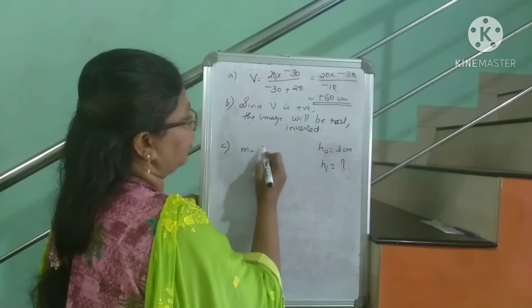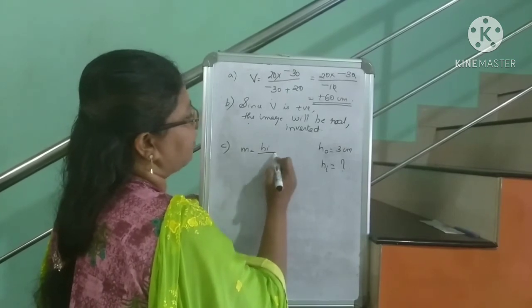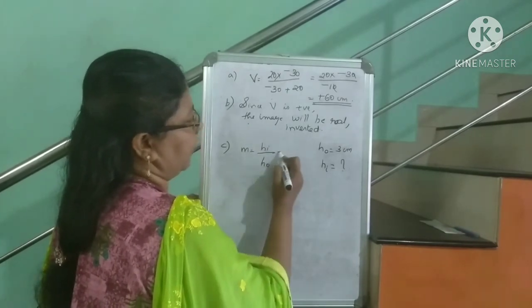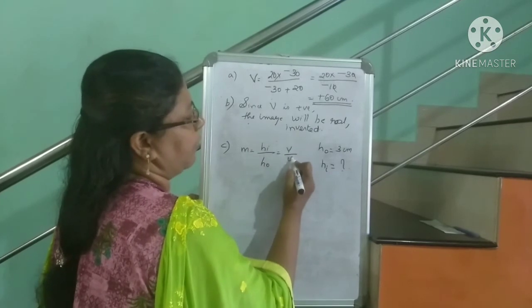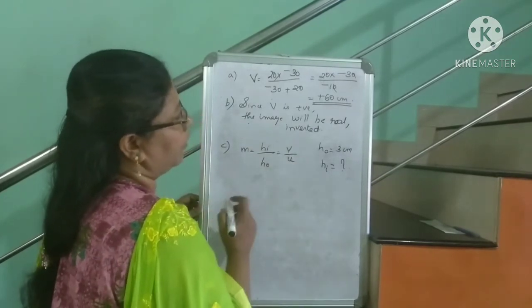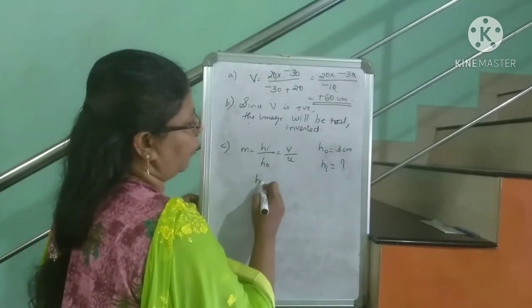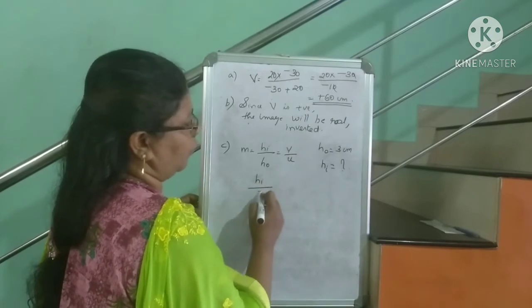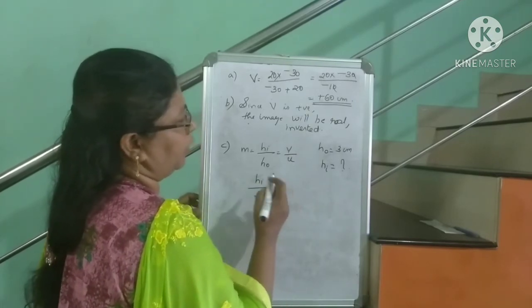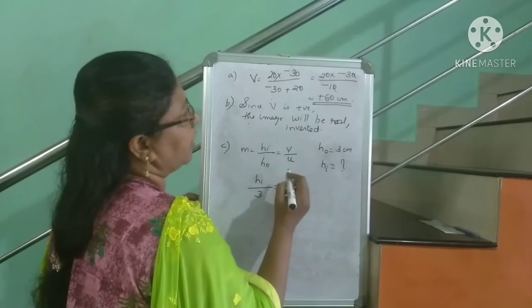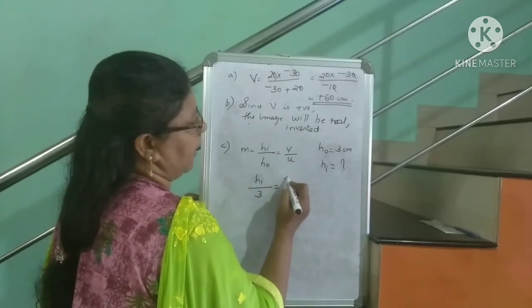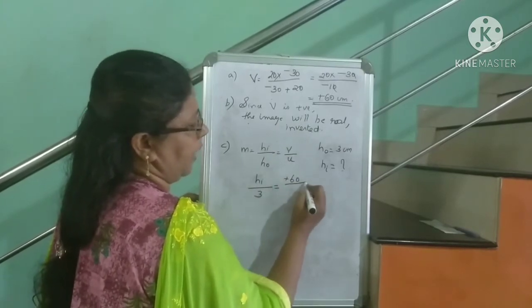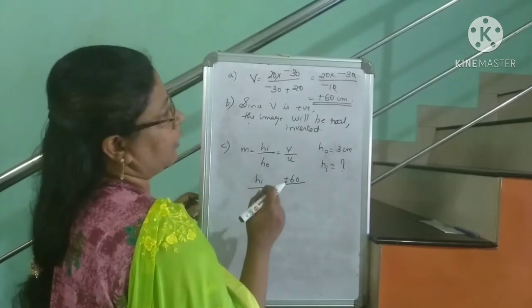M is equal to HI by HO, that is equal to V by U. So HI you don't know. HI by HO is equal to 3, which is equal to V by U. What is V? V is plus 60. What is U?